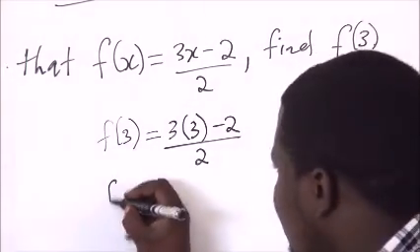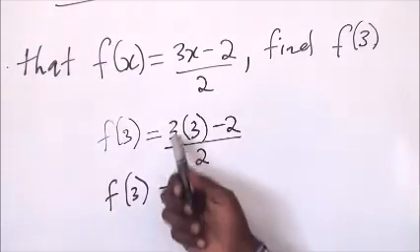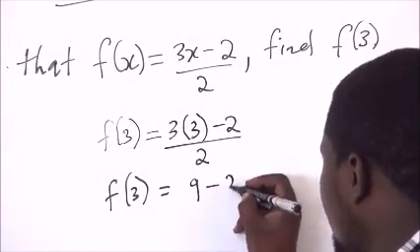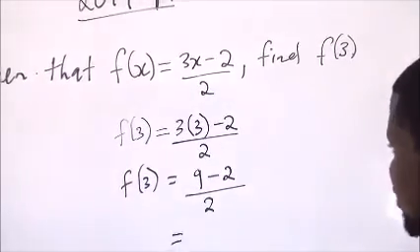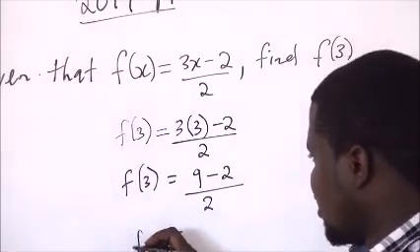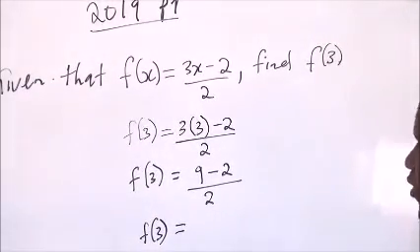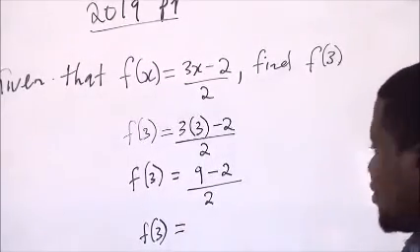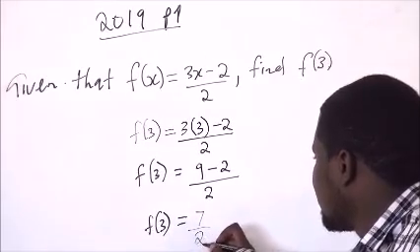And I'll say f of 3 is equal to, then I'll multiply, 3 multiplied by 3, the result is going to be 9 there, minus 2 over 2. I'll still bring down the f of 3, the one I'm looking for, and finding its value. So what is 9 minus 2? The result there is going to be 7 over 2, like this.